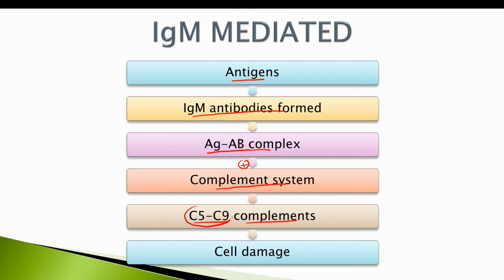C5 to C9 complements are also known as membrane attack complex or MAC. So this membrane attack complex actually damages the cell membrane, resulting in cell damage. IgM mediated type 2 hypersensitivity, since it uses the activation of complement system, is complement dependent.